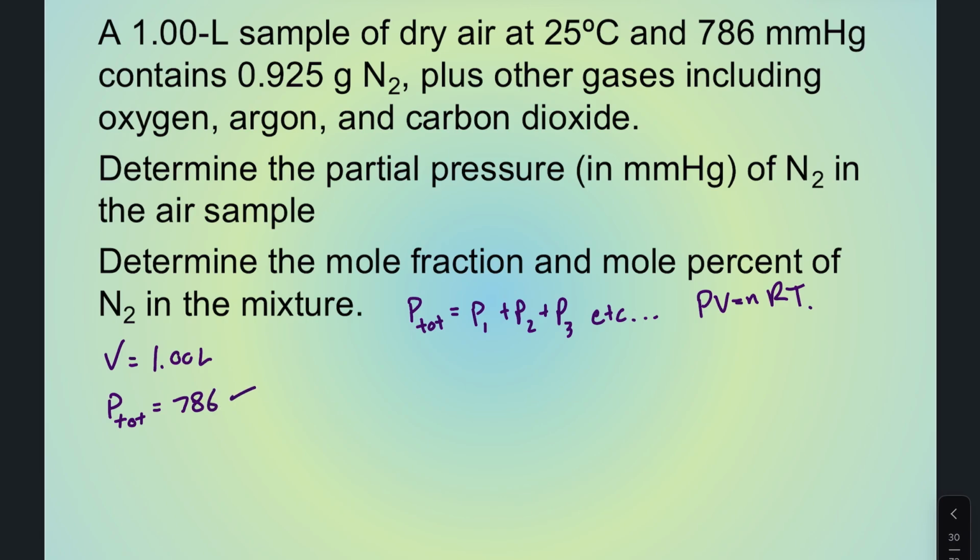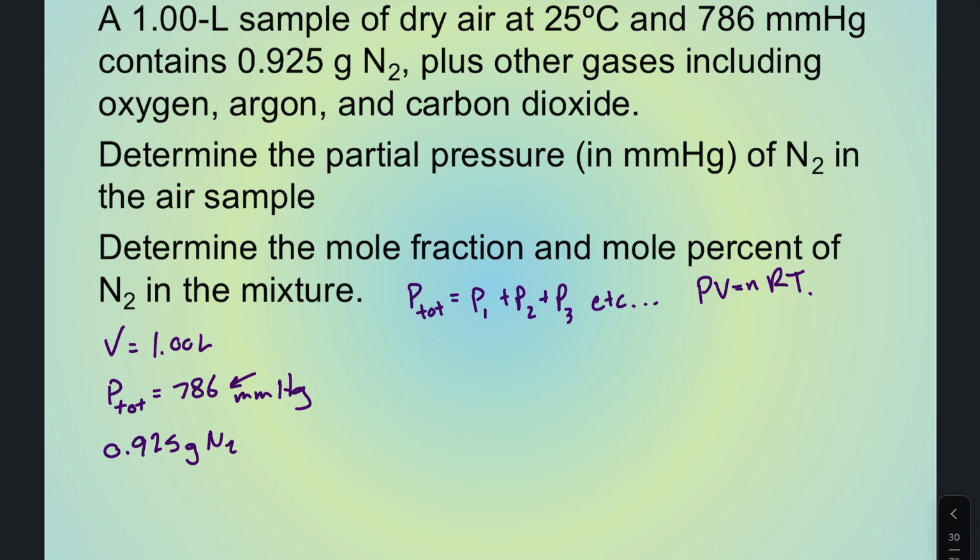However, this is not going to be the pressure that we use. We are going to address that in just a second. And then we also have 0.925 grams of N2 and 25 degrees. So this is our mass that we're going to use, and 25 degrees is going to be a temperature of 298.